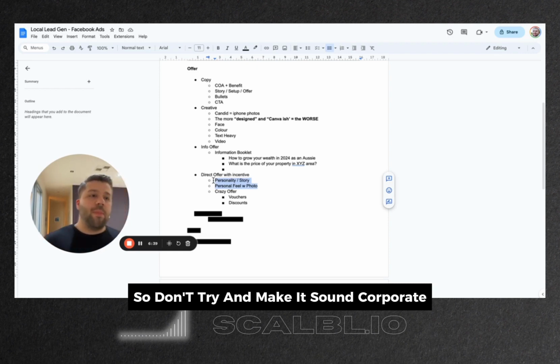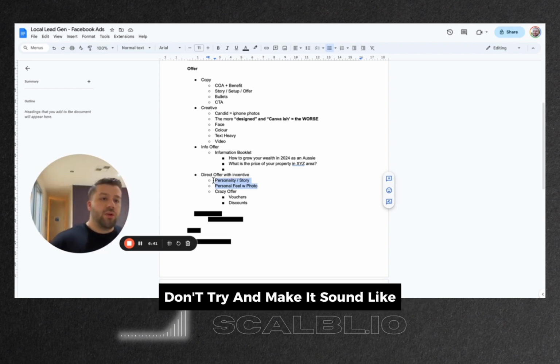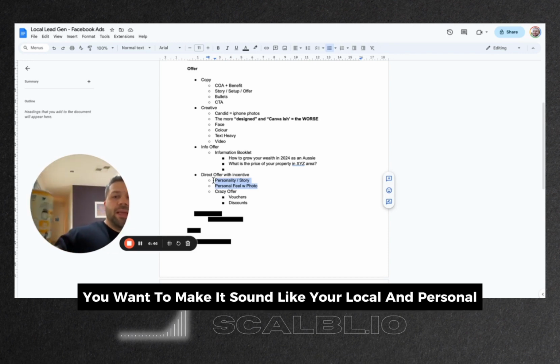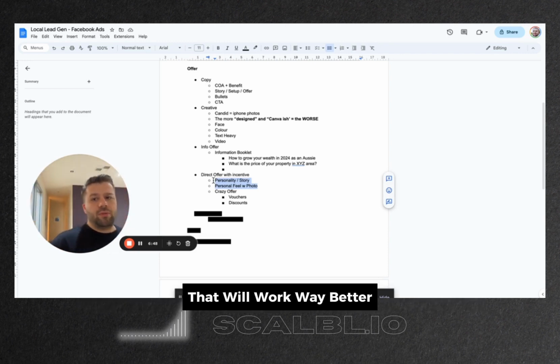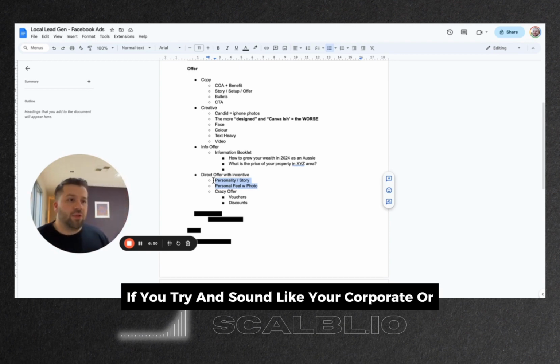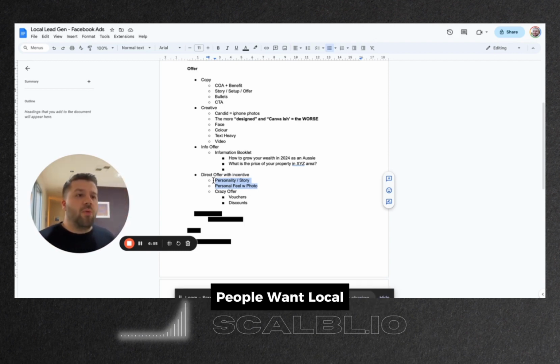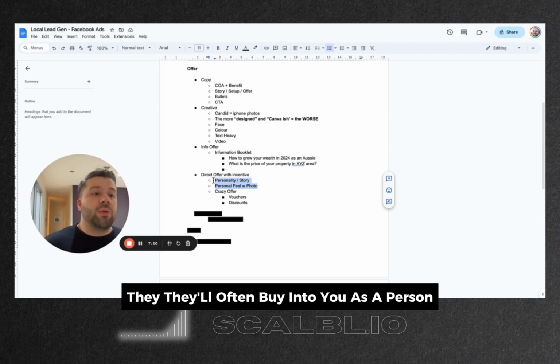With local lead gen, you want to make it personalized. So don't try and make it sound corporate. Don't try and make it sound like you're a big chain. You want to make it sound like you're local and personal. That will work way better. If you try and sound like you're corporate or try and sound like you've got this big business, people don't want that. People want local. They will often buy into you as a person.